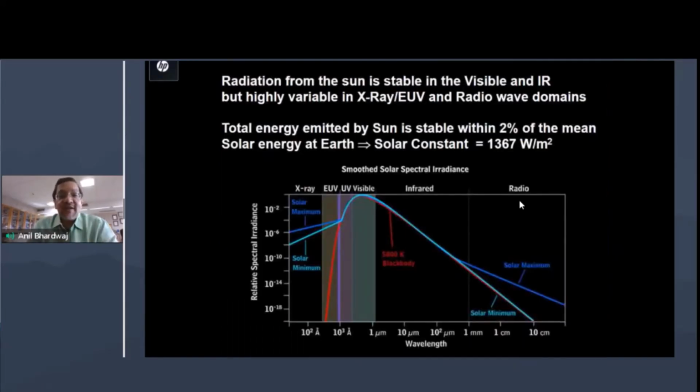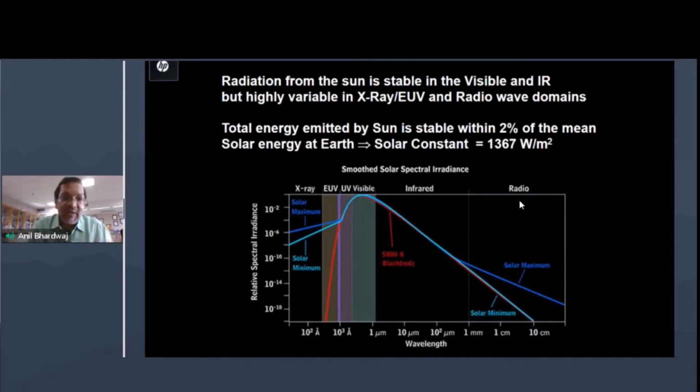And if you look at the radiation coming out of the sun, and if you plot it as a function of wavelength with respect to irradiance, you will see that most of the radiation from the sun comes in the visible part of the spectrum. And luckily, we are able to see the visible, because our eyes are sensitive to only the visible part of the spectrum.